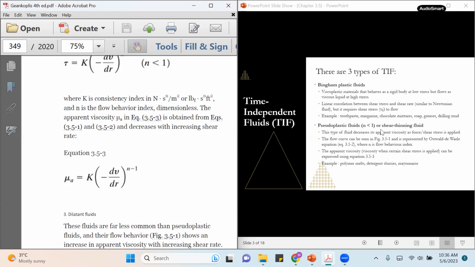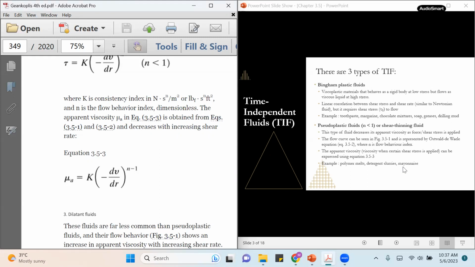Now the examples of the shear thinning fluid are polymer melts, detergent slurries, and mayonnaise. You can imagine when we open a new mayonnaise, it will be very viscous. But once we stir it, we give it stress, we apply the shear stress.